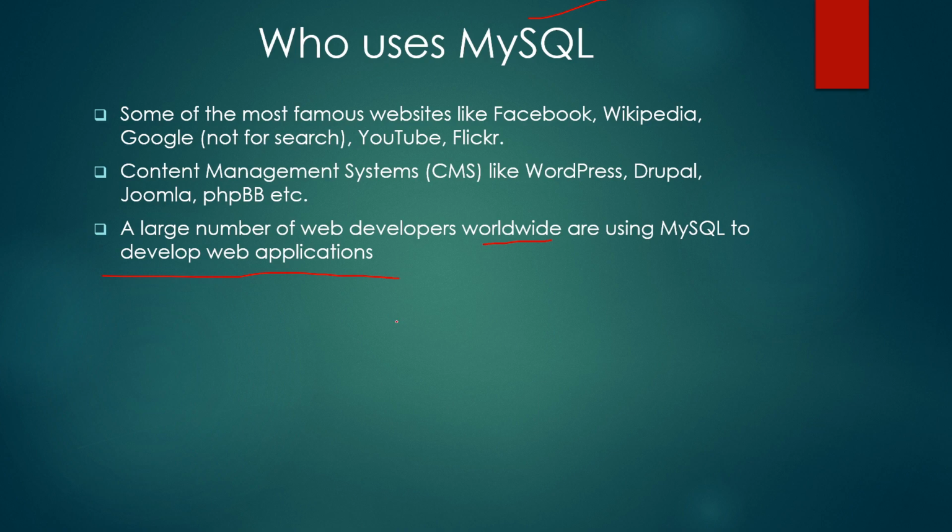I will give an example of my own project. Recently I developed an e-commerce website where I made use of MySQL rather than Oracle. I created a database called e-commerce, and inside that database I created multiple tables, approximately 10 tables.